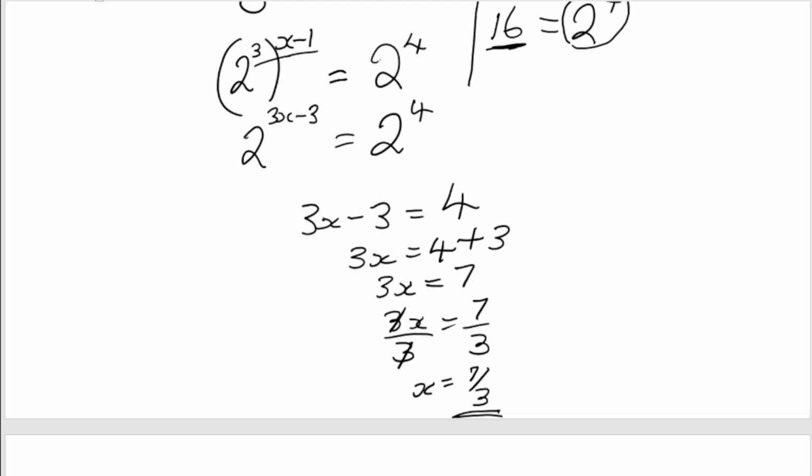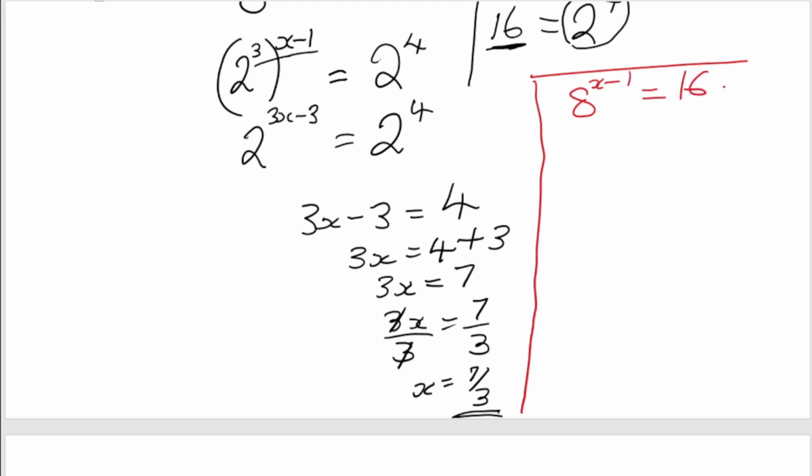Now, let us see whether our answer is correct. How do we do that? Let me use the color red to demonstrate how this is done. We are told that 8 to the power x minus 1 is equal to 16.